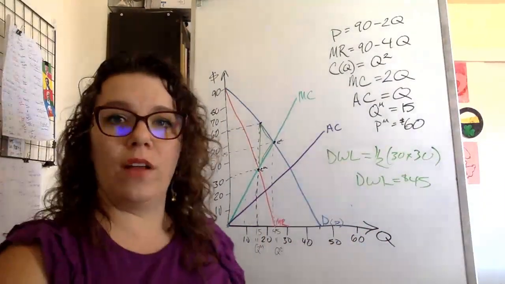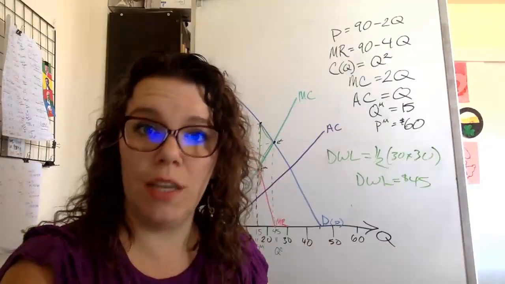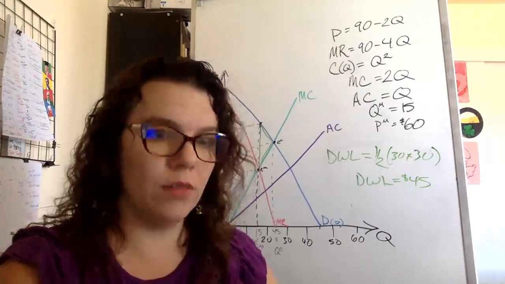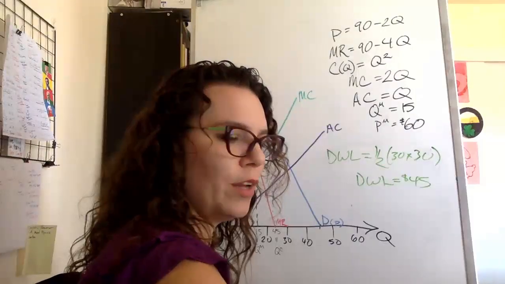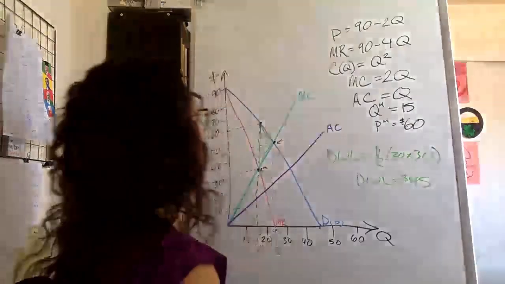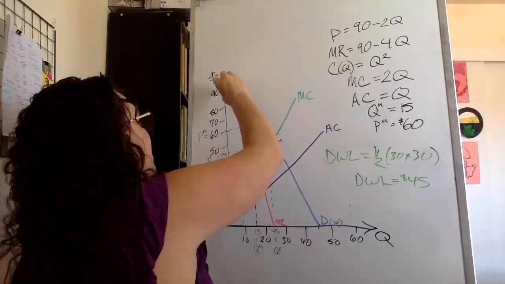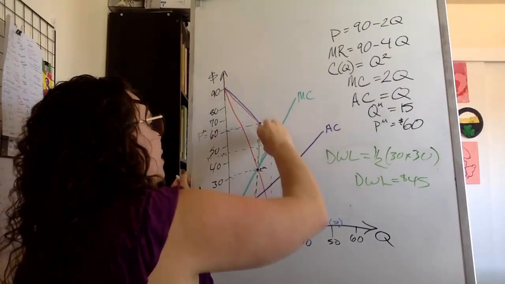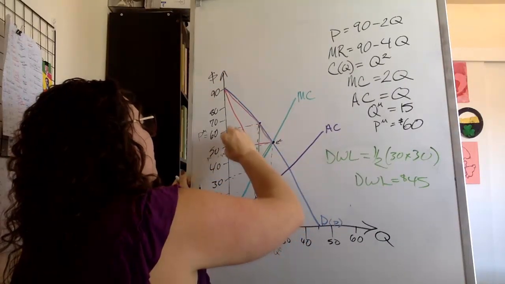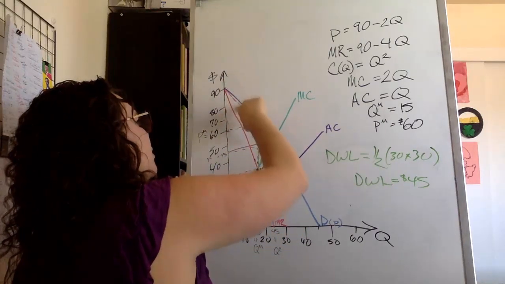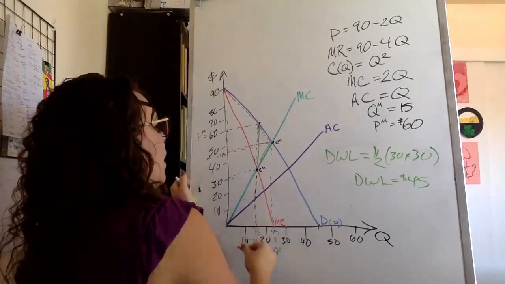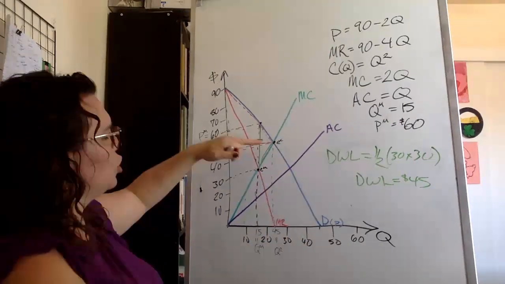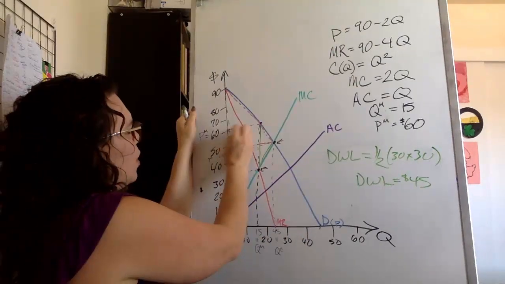What are the welfare costs associated with the monopoly? Well, we see consumer surplus fall. Without the monopoly, we would have seen consumer surplus be the area of this large triangle here. But consumer surplus shrinks to this smaller triangle.